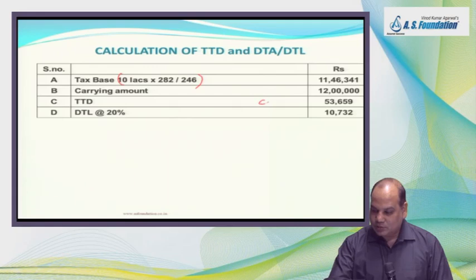TTD, write down C equal to B minus A. B minus A, 53,659.